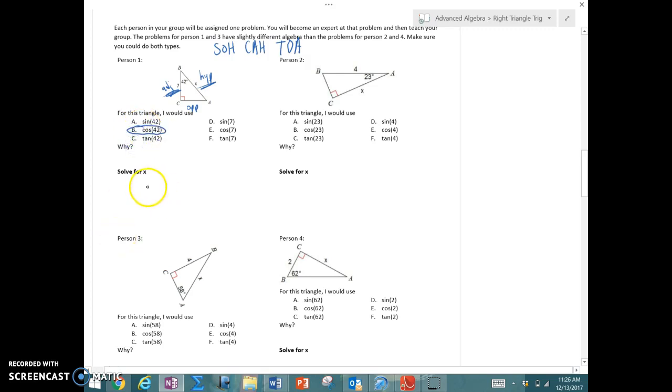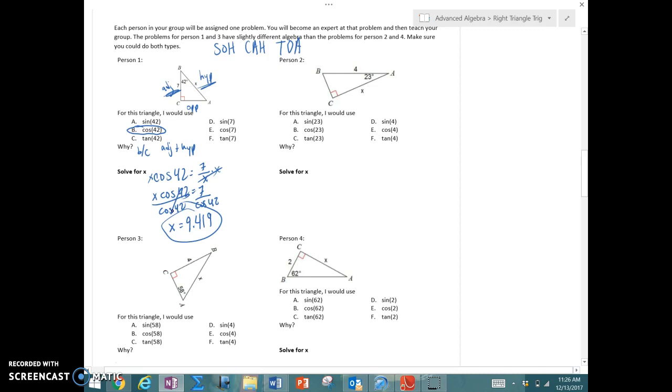Then I solve for x: cosine of 42 equals 7 over x. This is that case where I have to multiply both sides by x first. I get x cosine 42 equals 7. Divide by cosine 42. Type 7 divided by cosine 42 into my calculator. I got 9.419.